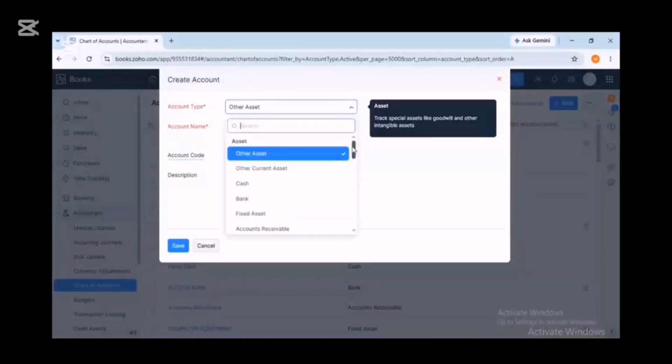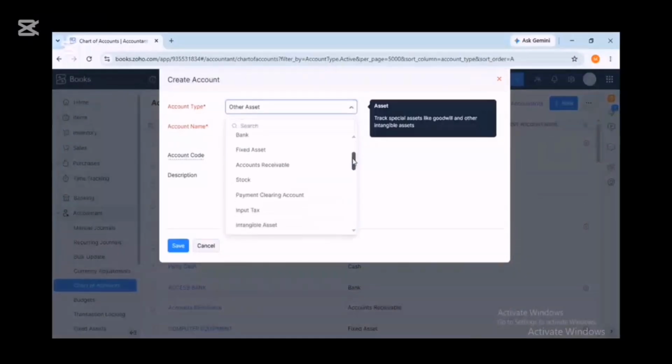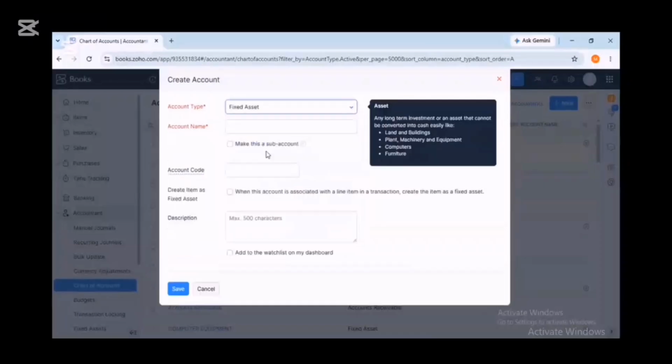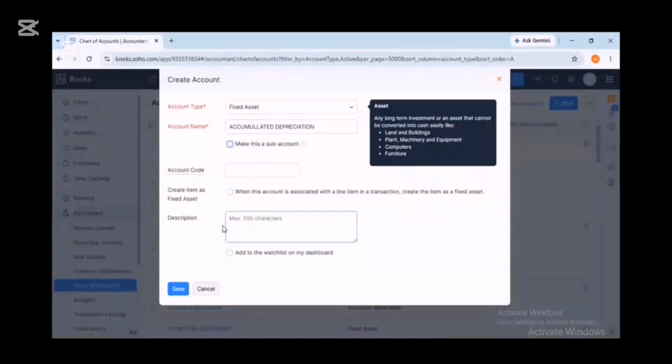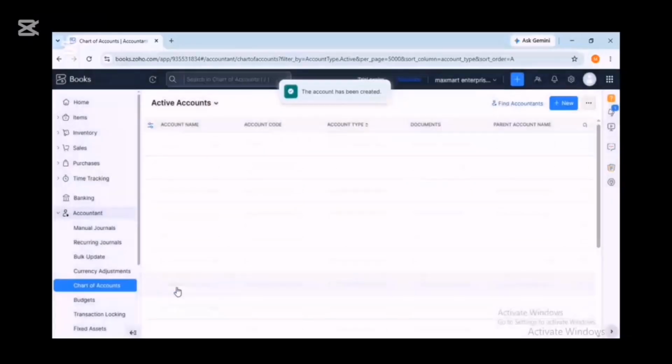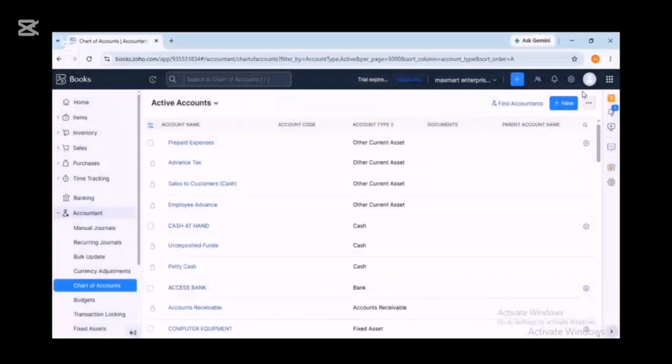Basically it's a counter asset. Select fixed assets, then accumulated depreciation. It will be a parent account for the individual accumulated depreciation accounts. So let's save.